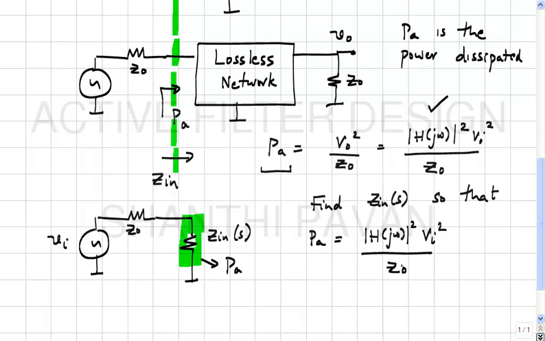By definition, since the network is otherwise lossless except for the resistor, all this PA must be getting dissipated in the resistor, which means that the transfer function from the input to the output must be mod H of j omega squared. Yes.